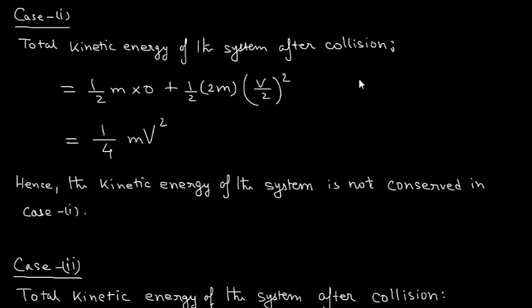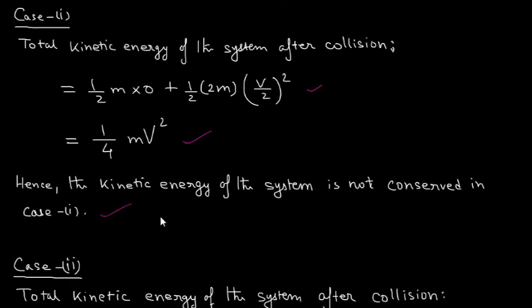In case 1, total kinetic energy of the system after collision is half m multiplied by 0 plus half multiplied by 2m multiplied by (v upon 2) whole square. Upon solving, we get 1 by 4 mv square. Hence, the kinetic energy of the system is not conserved in case 1.